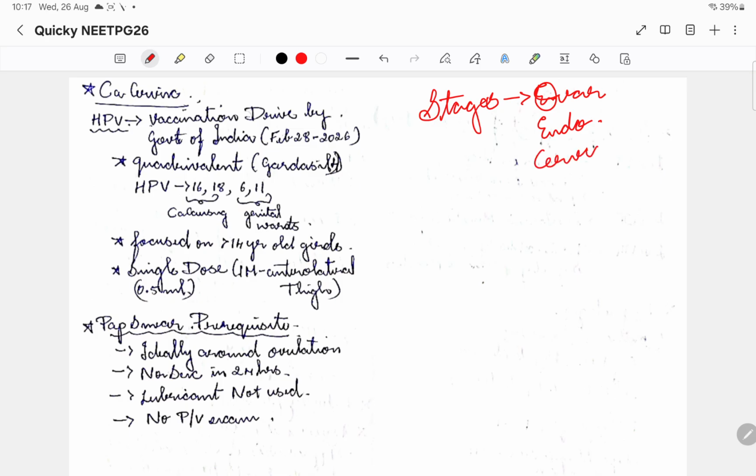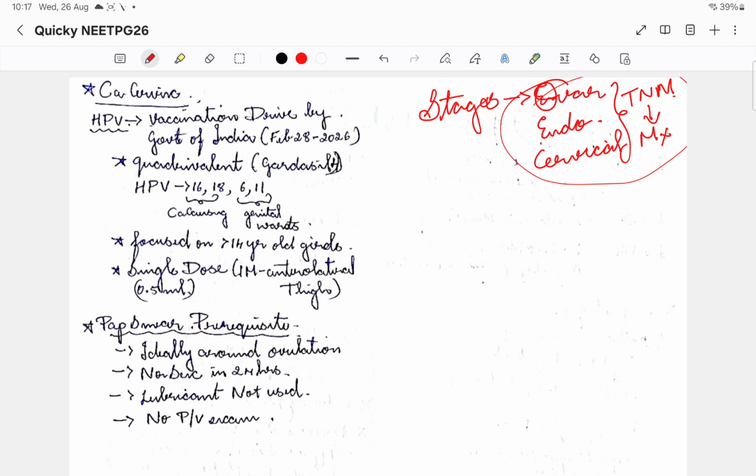All these things, the stages and their TNM stages and the management for a particular stage are very important. So please go through any of the gynecological books and you'll be able to get it. There is nothing for me to teach you. It is all about you revising, right? So please go to any of the gynecological textbooks and you'll get to see this staging and management. That is more than enough. That is what has been asked all these years.